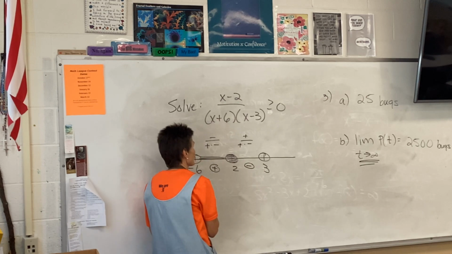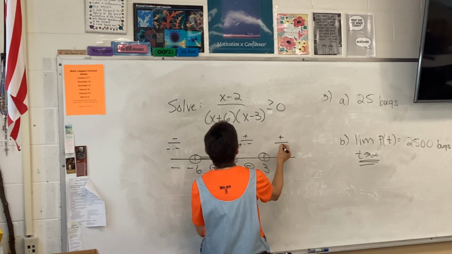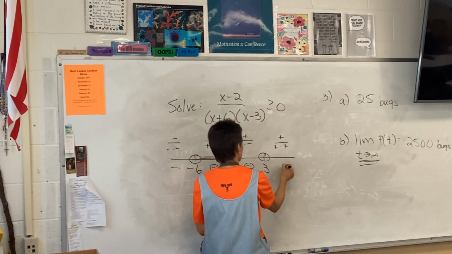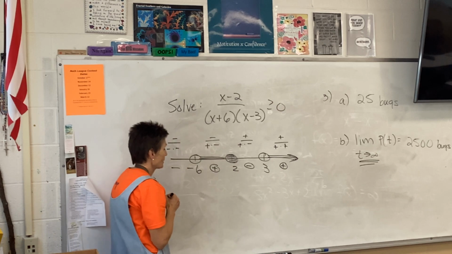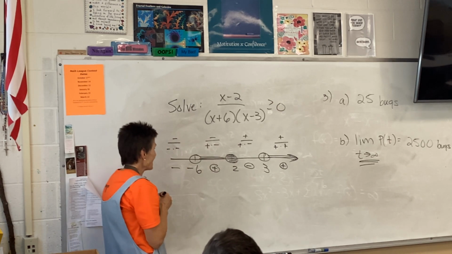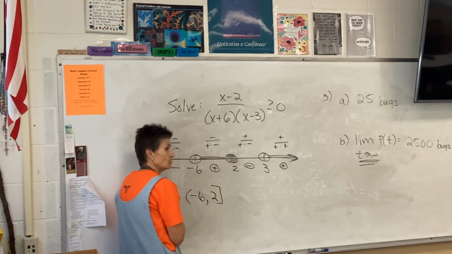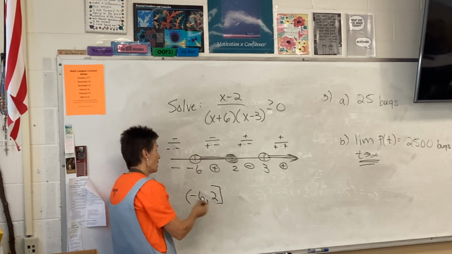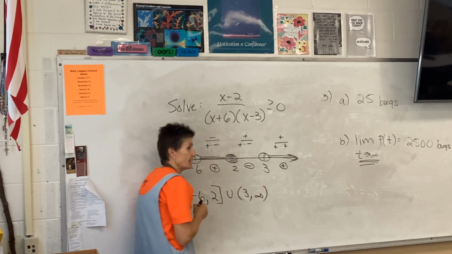Nope. And how about 4? Positive over positive positive. Yep, that works. So my answer is everything from -6 to 2, or everything from 3 to infinity.